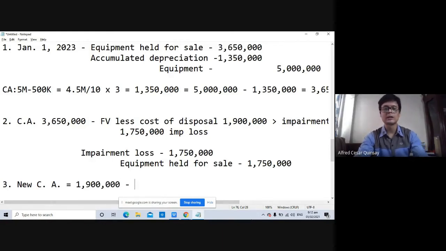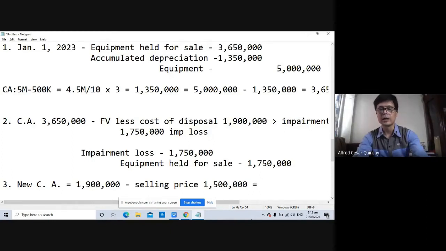The equipment was sold for 1.5 million, so there is a loss of 400,000 pesos. The entry we make is: debit cash, since we received cash from the sale, 1.5 million.